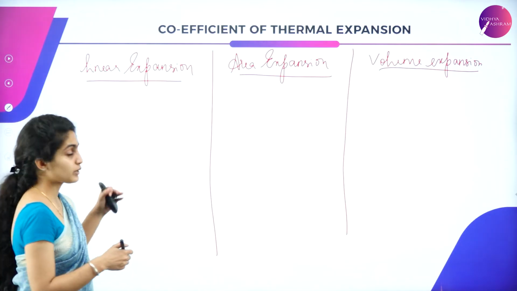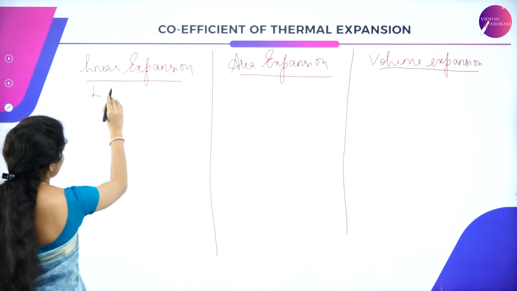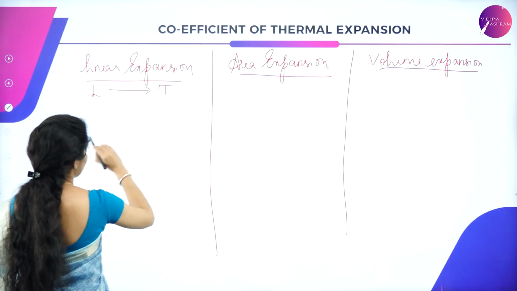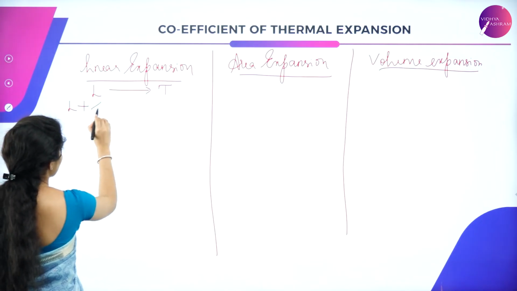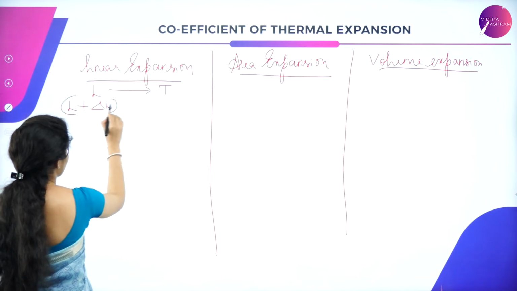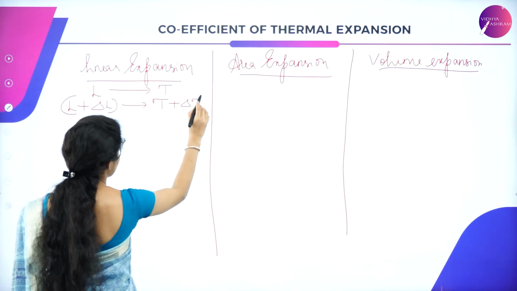In linear expansion, there is a length L at temperature T, and the change in length, that is the expansion, is something added up. Change in length happens when the temperature is increased.